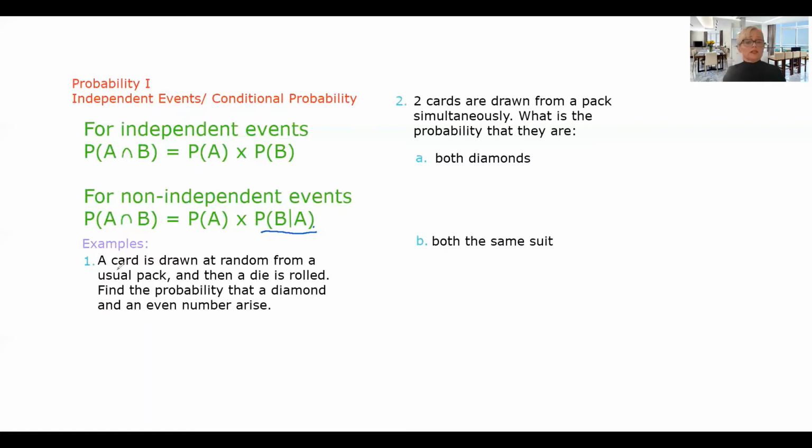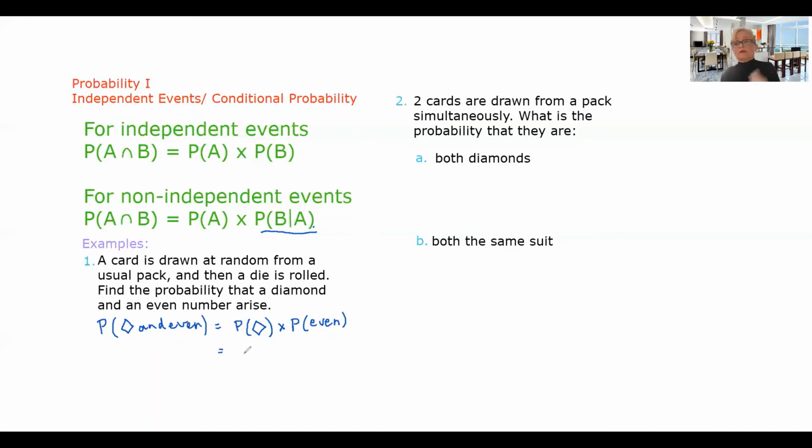Let's have a look at our first example. We draw a card at random from a pack of cards, usual pack of cards, and a die is rolled. Find the probability that a diamond and an even number. So probability of diamond and even. Well, they're completely different things, so there's no reason why they're not going to be independent. So it's just going to be the probability of getting a diamond from a pack times probability of getting an even number on a die.